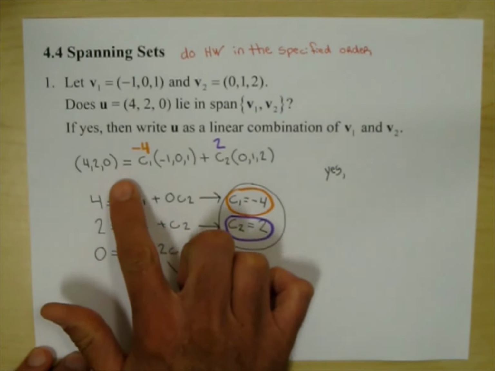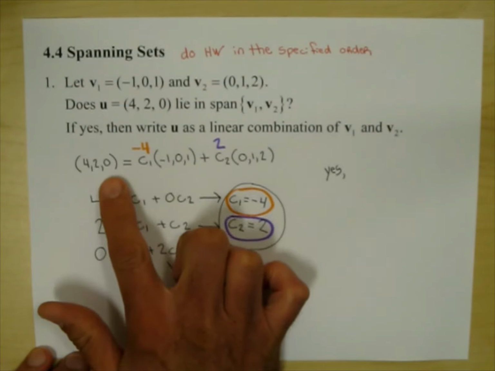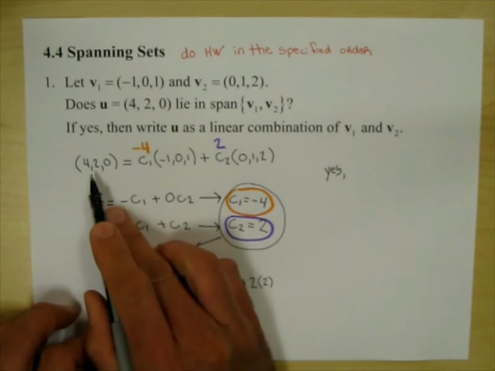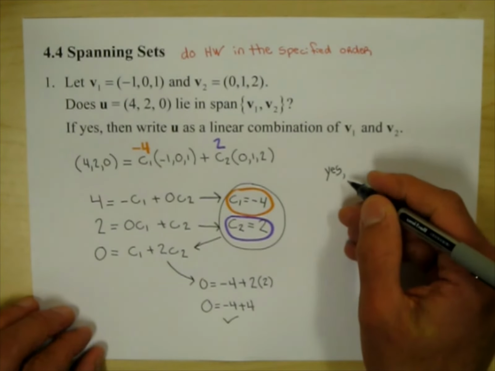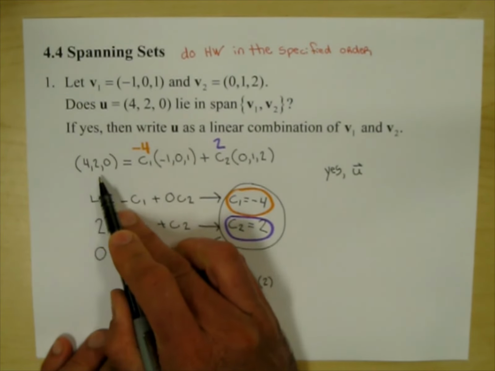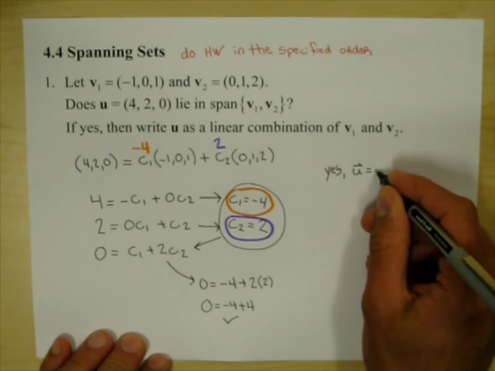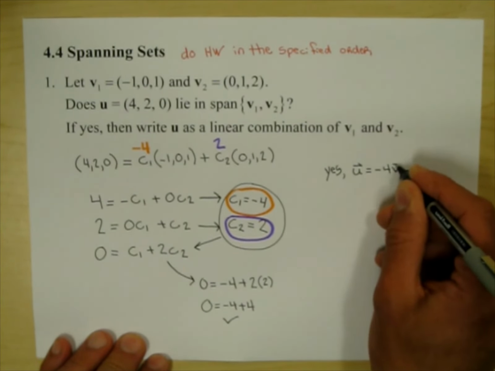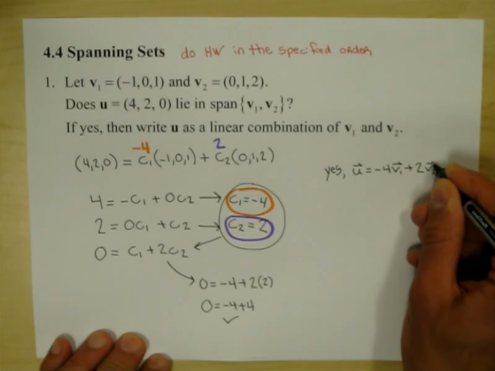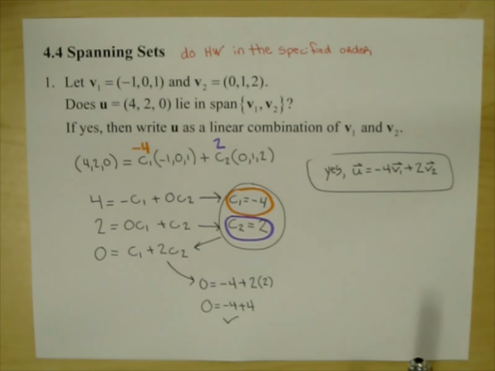Yeah, and then 2 equals 0 plus 2. 2 equals 2, and then 0 equals -4 plus 4. So it does work. So I'm going to go ahead and write U as a linear combination. I mean, there it is right there, but I'm going to make it a little more compact. I'm going to say that U equals, I'm just writing this equation again, -4 V1 plus 2 V2. So I finished this problem.